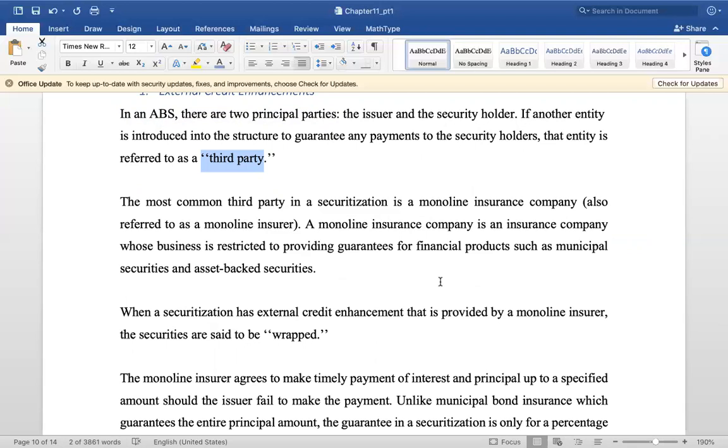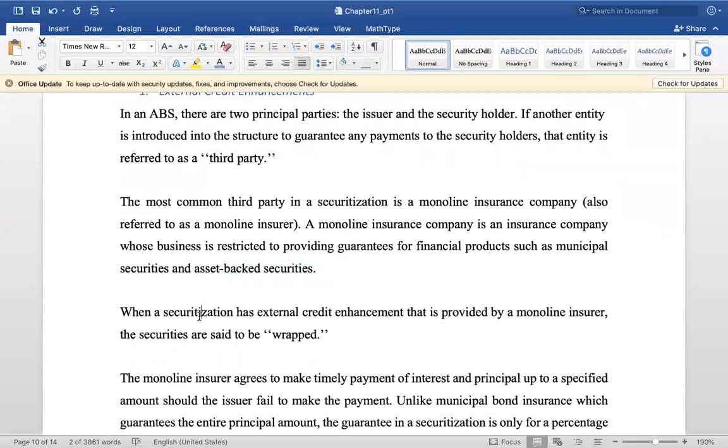It is an insurance company whose business is restricted to providing guarantees for financial products such as municipal securities and asset-backed securities. So you have to pay them a certain premium periodically, and they will ensure that they will pay in case of defaults for any underlying loans.